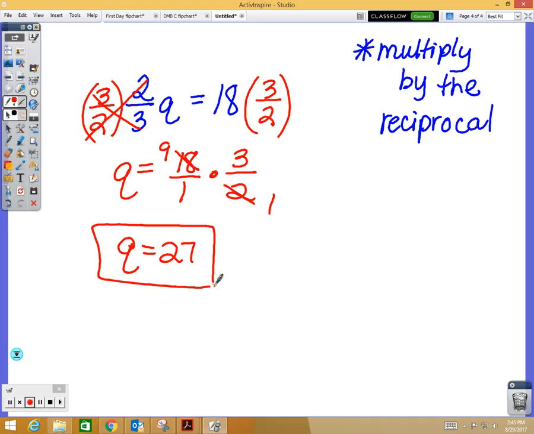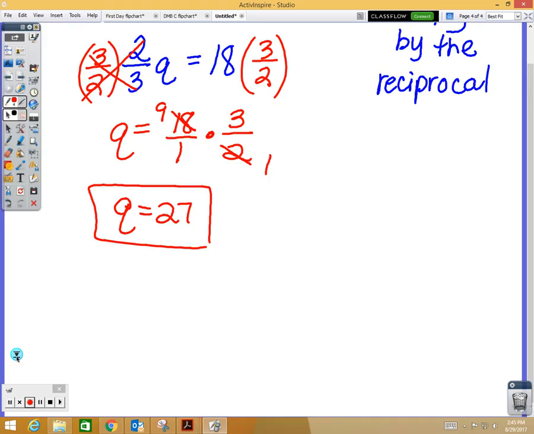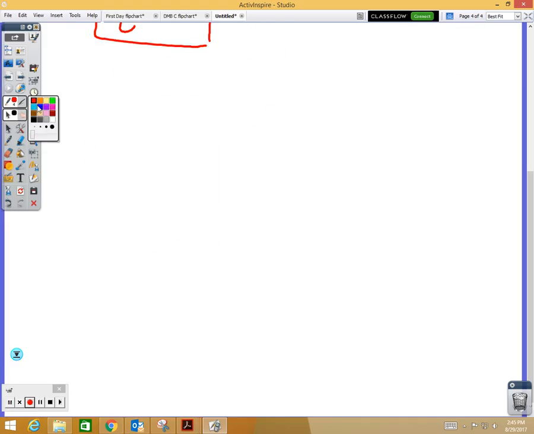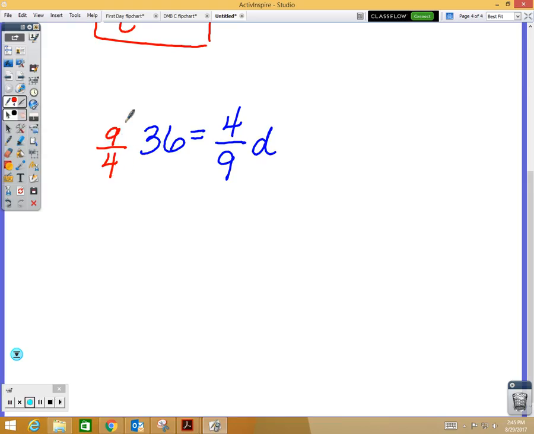Let's do one more of those and then we'll be done. 36 equals 4/9 D. What am I going to multiply each side by? 9/4.